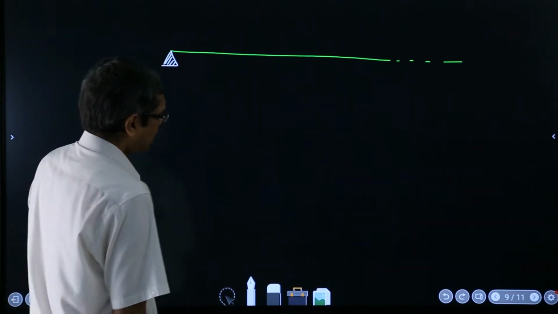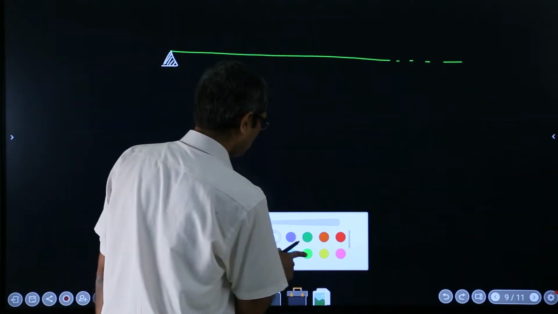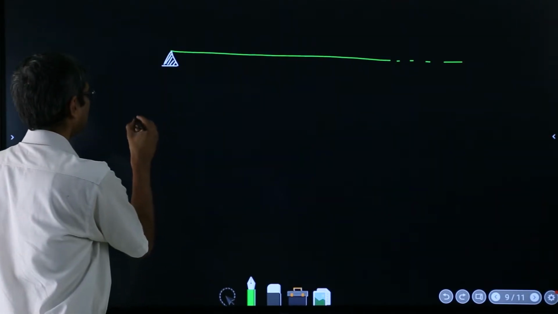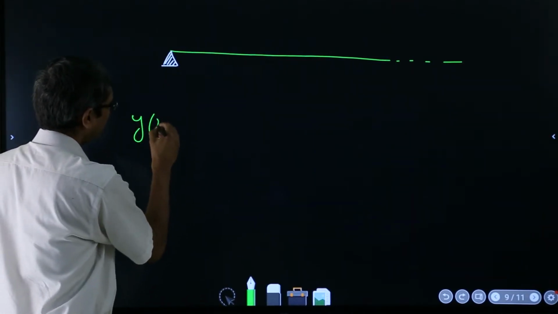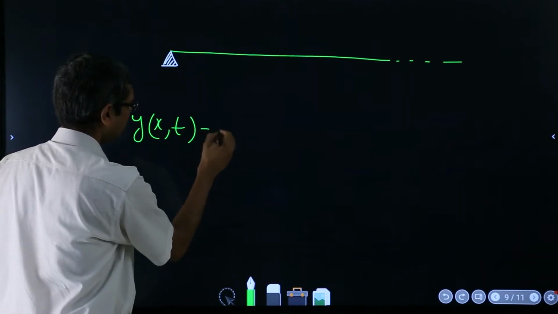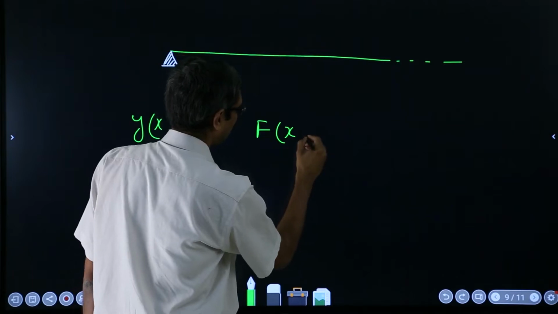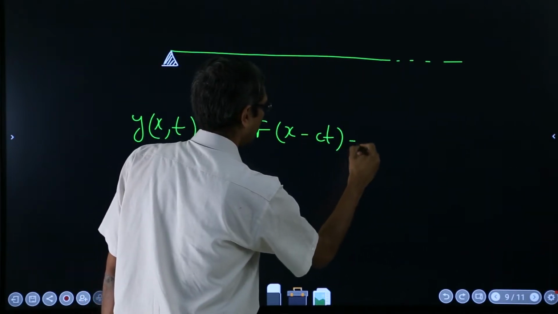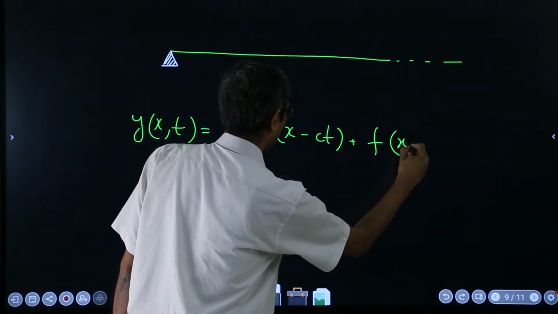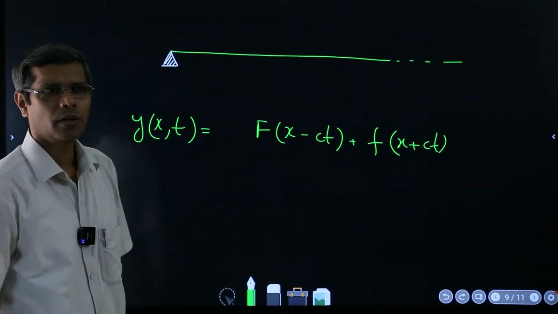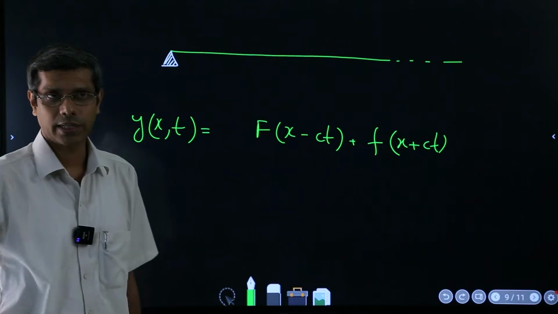If you follow the same argument, you could write y(x,t) = f(x - ct) + f(x + ct). But then why won't it work here?